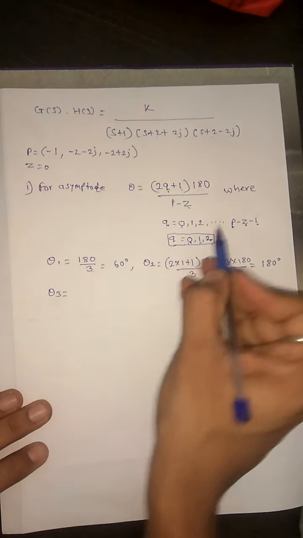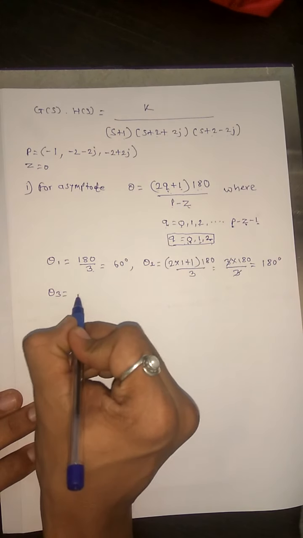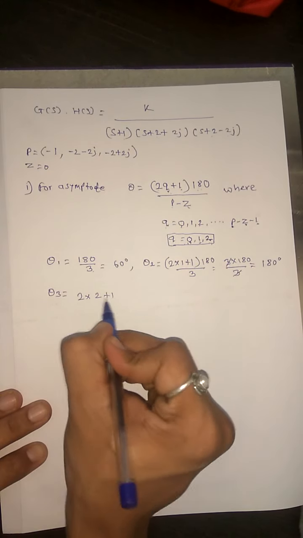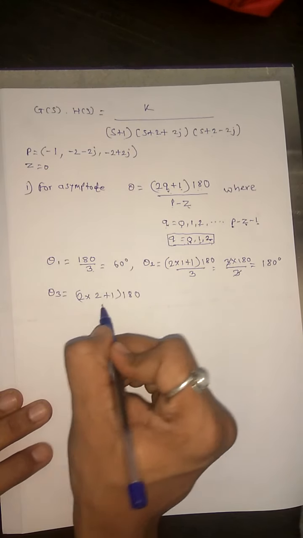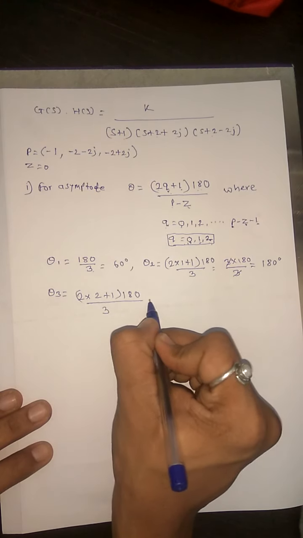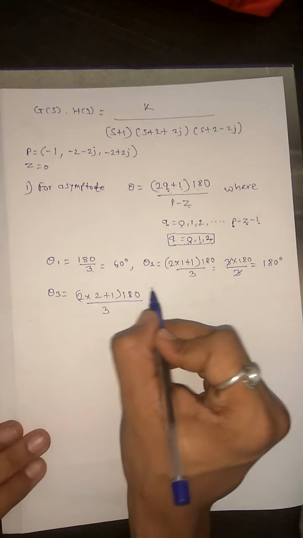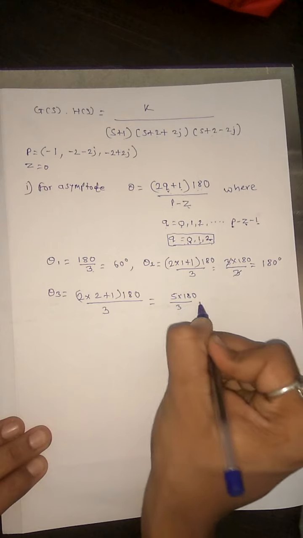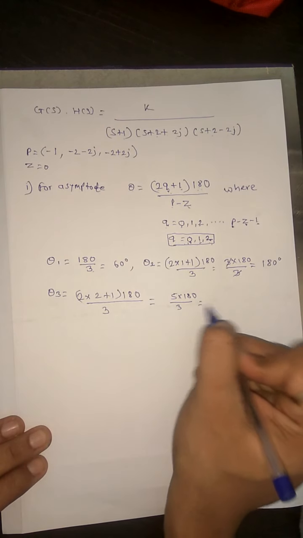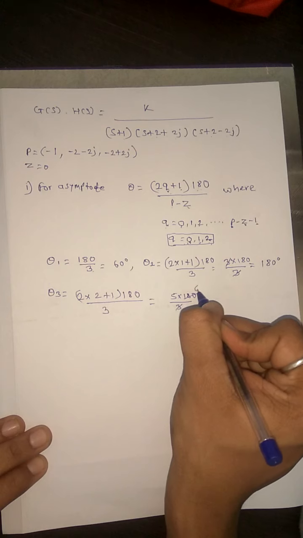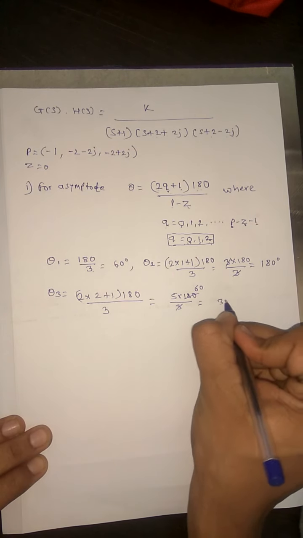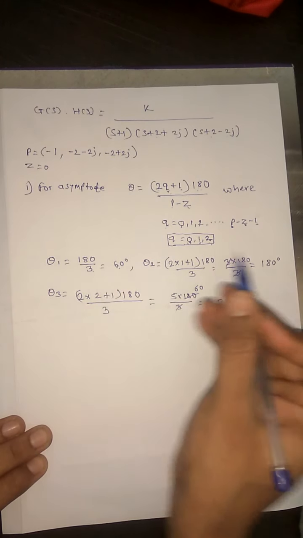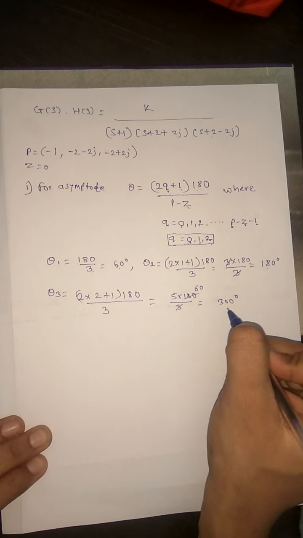Put q equal to 2 in this equation: 2 into 2, 4 plus 1, 5 into 180 divided by 3, which is 300 degrees. So theta 3 comes out to be 300 degrees. So theta 1 is 60 degrees, theta 2 is 180 degrees, and theta 3 is 300 degrees.